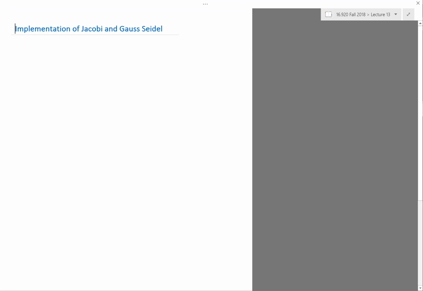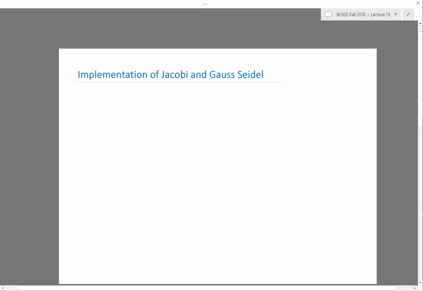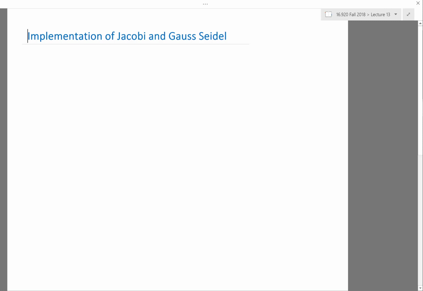So on Monday, we started talking about iterative methods, particularly the motivation and the theory of convergence. Today, we are mostly going to be focusing on the implementation of these iterative methods. In the theoretical analysis and derivation of the methods, we're really solving AX equal to B. But when you look at the implementation, the most elegant implementation of iterative methods for solving matrix equations involves actually no matrix at all.